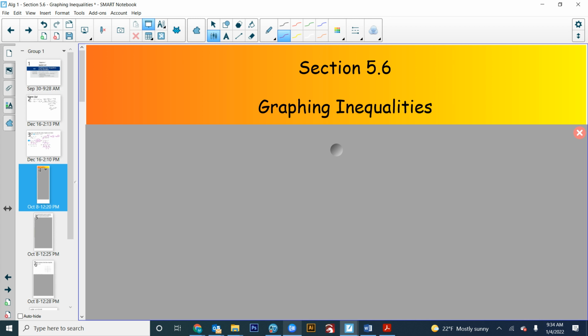If I have this, 3 equals 7. What's my answer here? 4. X equals 4. How many answers can I get for that problem?